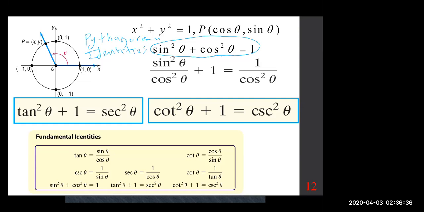So far, Pythagorean identities and the reciprocal identities, put them together, are known as fundamental identities. I hope we are comfortable with those. I hope we remember most of them from trigonometry, so we can move on.